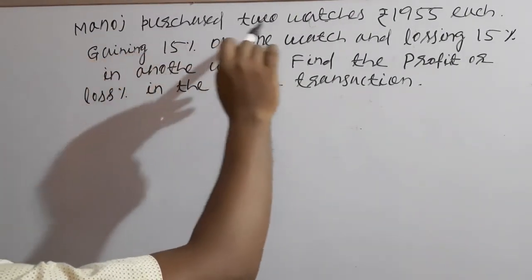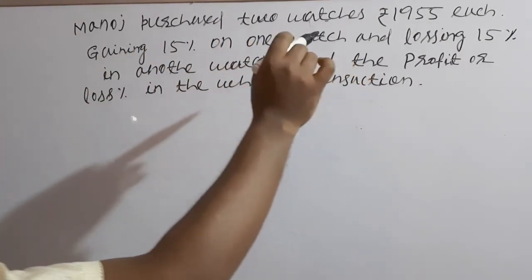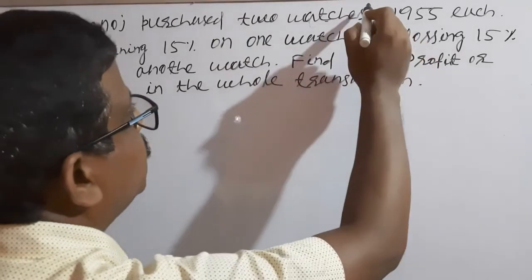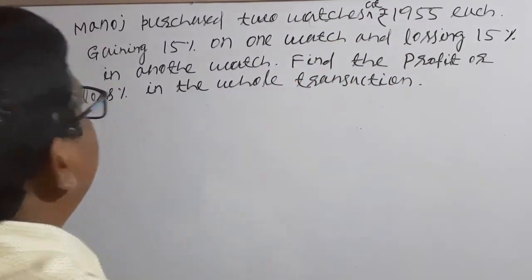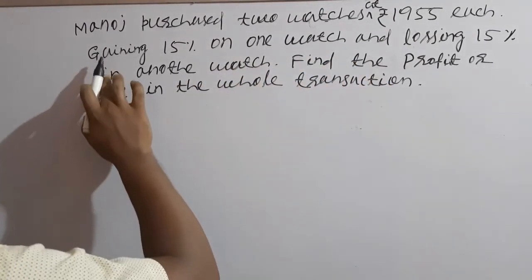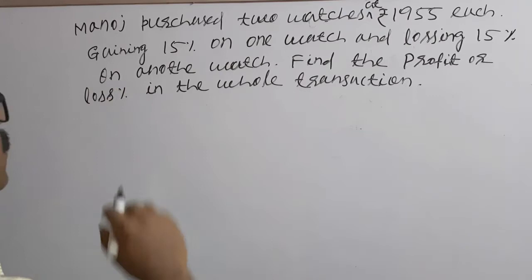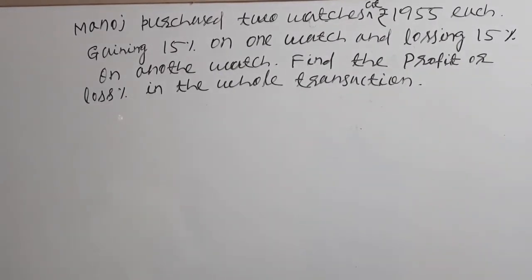So what did you read in the question? Manoj purchased 2 watches at rupees 1955 each, gaining 15% on one watch and losing 15% on another watch. Find the profit or loss percent in the whole transaction. So first we have to calculate for the first watch.